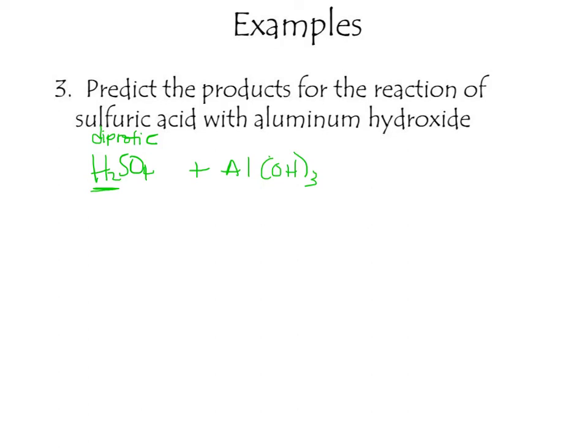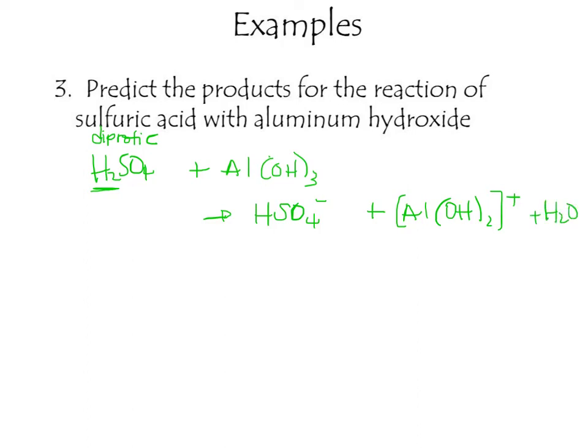If you really want to do this properly, when you have a diprotic acid plus a base, you're not going to have a complete neutralization, meaning that in our products you're just going to remove one of the hydrogens, not both. So you should end up with an ionized form of sulfuric acid, HSO4 minus, and you end up with aluminum hydroxide 2 plus, where the whole thing is positive, and you have water.